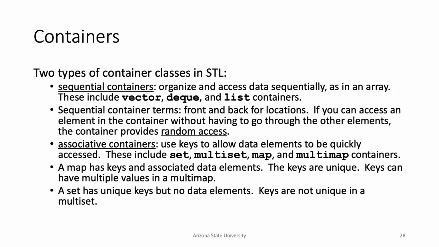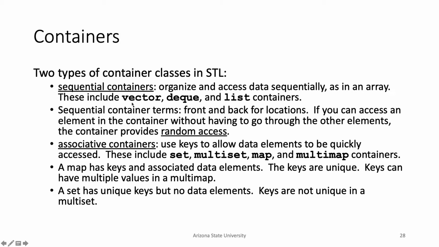So what are containers? Container is just a blanket term for something that holds other things. So a vector, for example, is a way of holding a bunch of elements of some type. A vector of int holds a lot of integers. But there are two types of containers in the STL, namely sequential and associative containers.